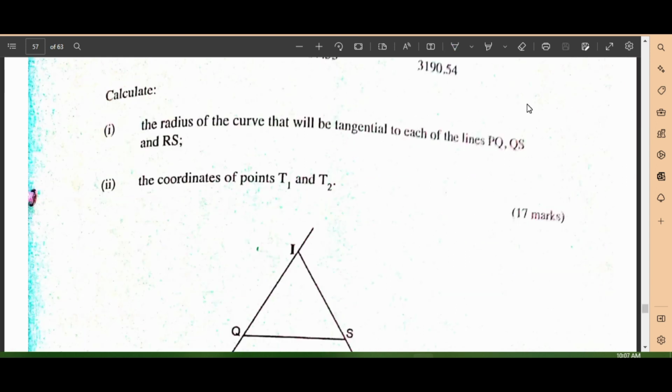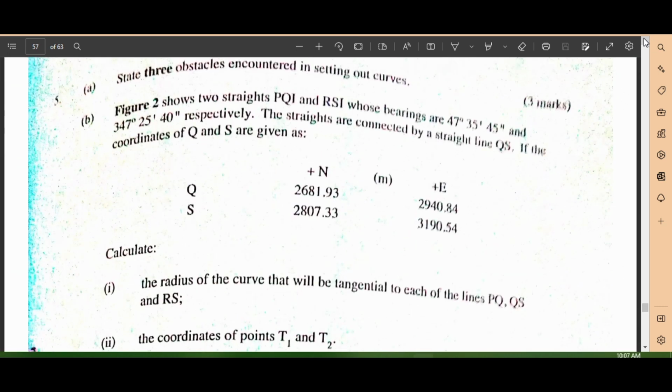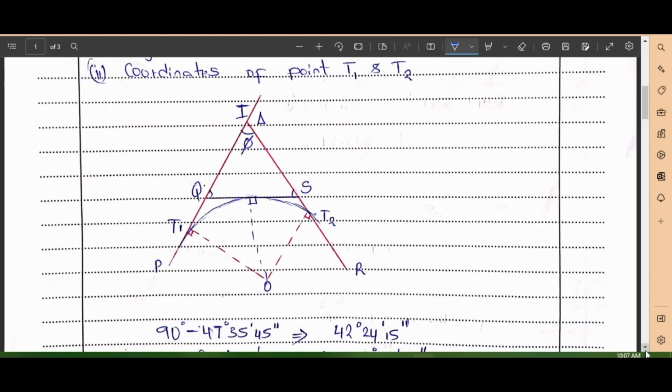We have been told in our question the angles that we have been given: the bearing of PQI is 47 degrees 35 minutes 45 seconds, and the bearing of QSI is 347 degrees 25 minutes 40 seconds.